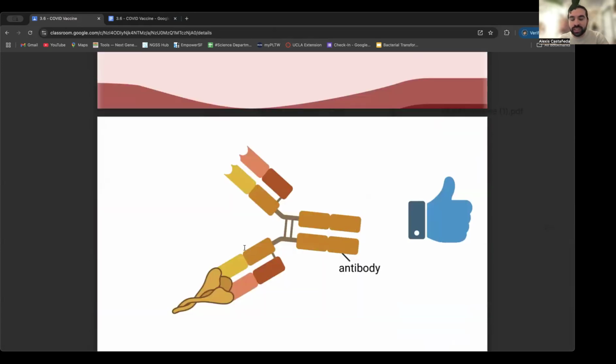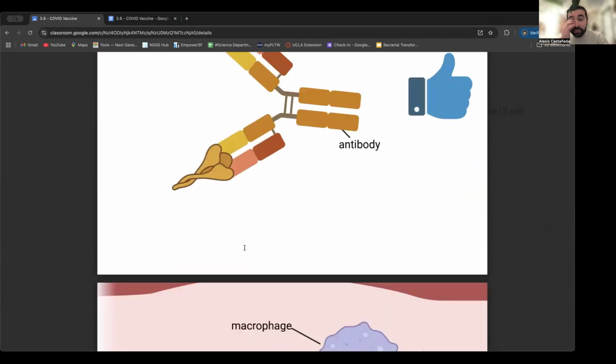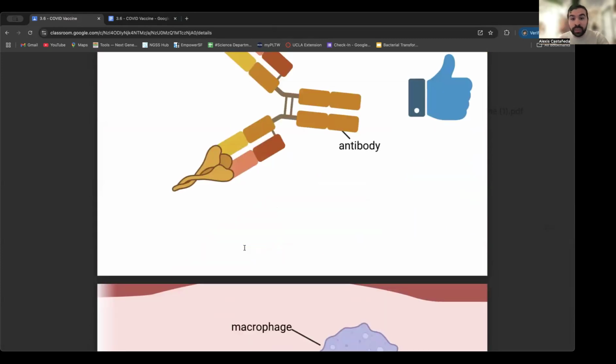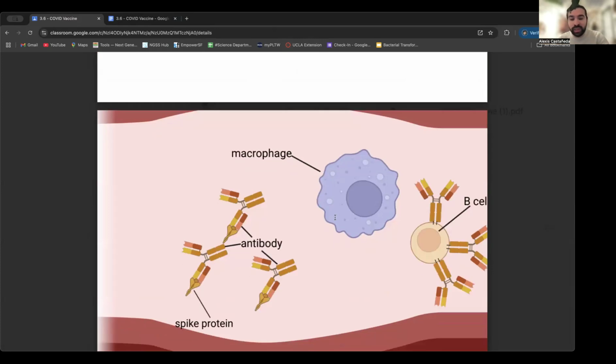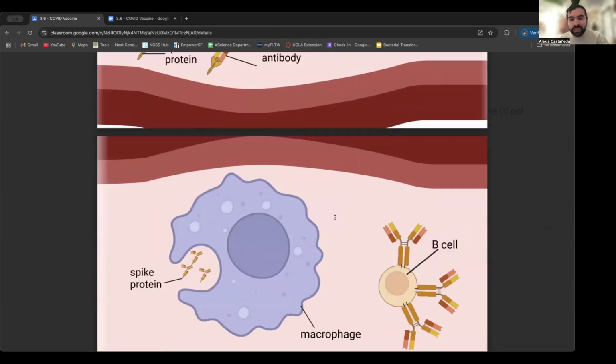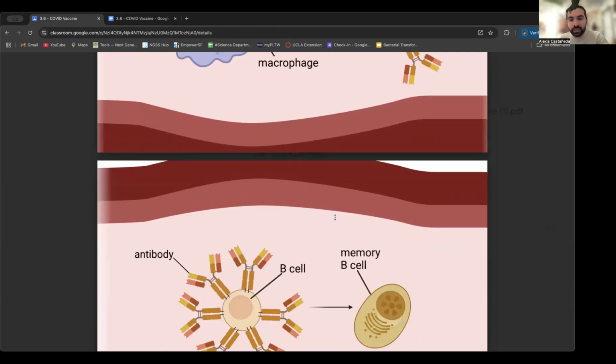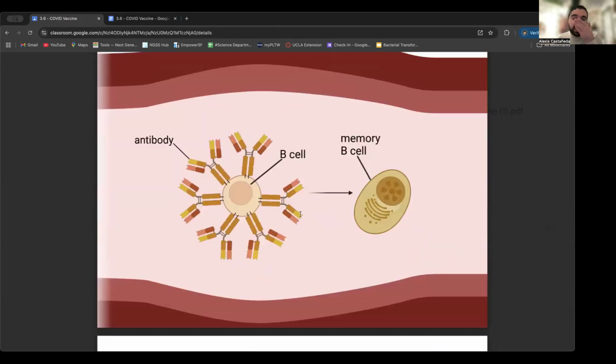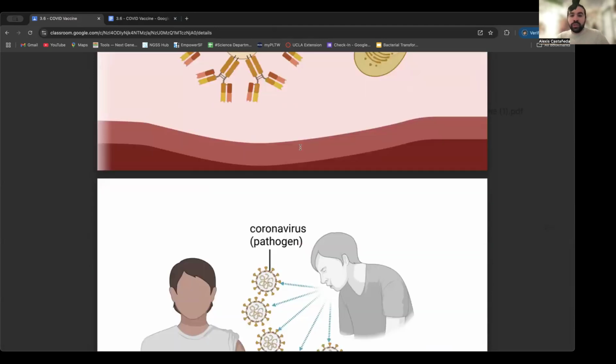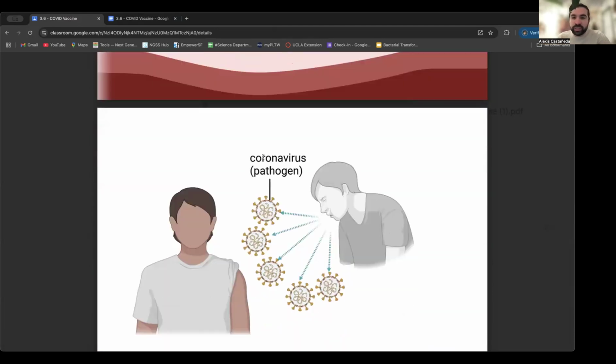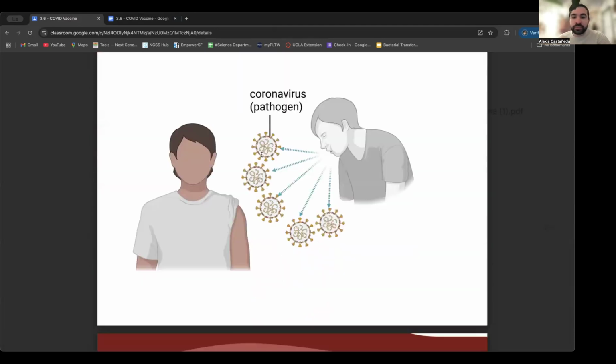It has successfully connected to the spike protein. A macrophage will then come by and eat the spike proteins, get rid of those guys, and take them away. And then that B cell with those antibodies will become a memory B cell. So in the future, if you are exposed to coronavirus, which is a pathogen, it's a virus.